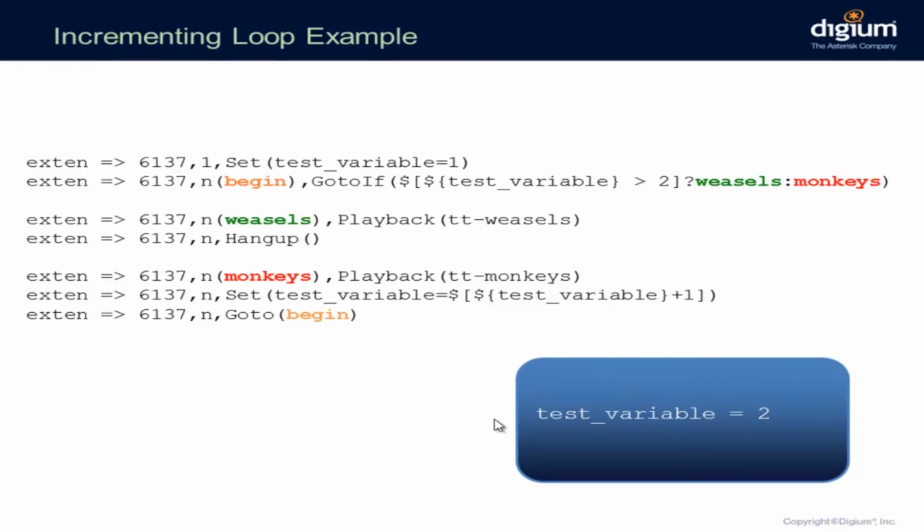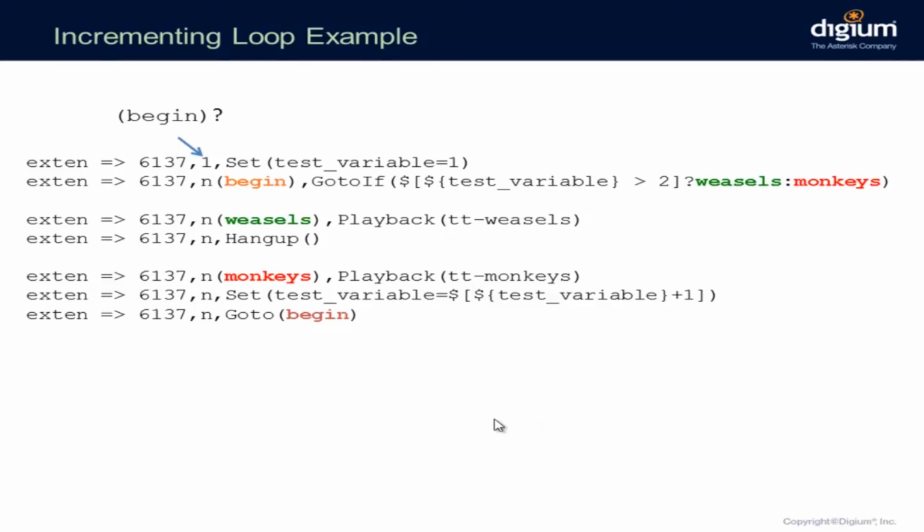Goes to begin. Is 2 greater than 2? No. Plays monkeys. 3. It's greater than 2. Yes. Plays whistles. What do you think we send it to here and not here? Because then we'll be setting the variable to 1 again, so that will never end, right?